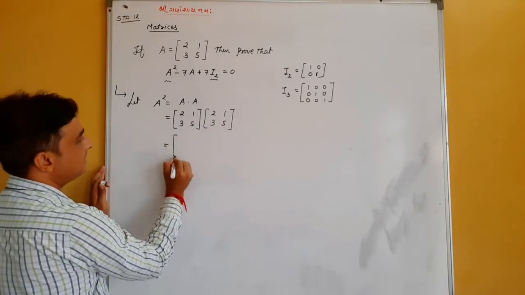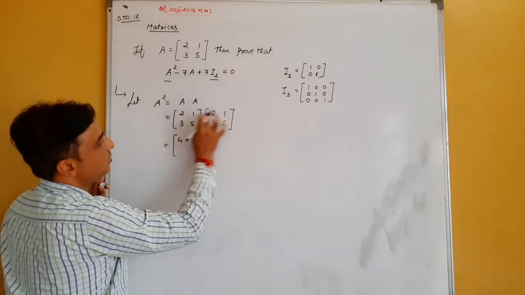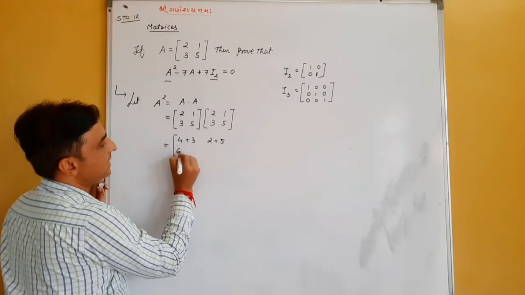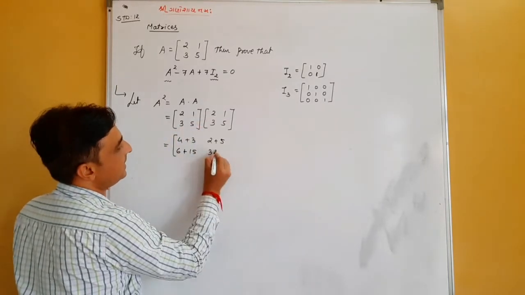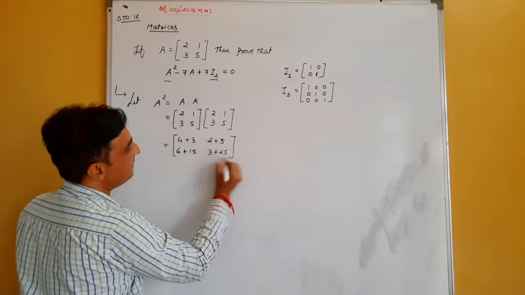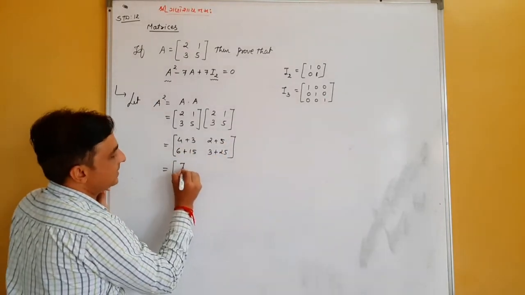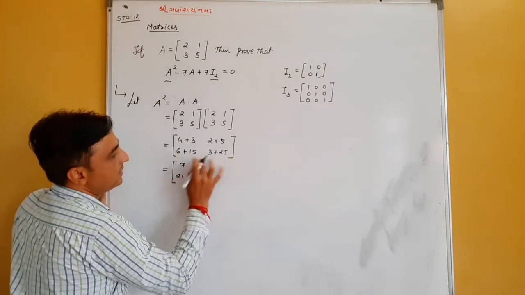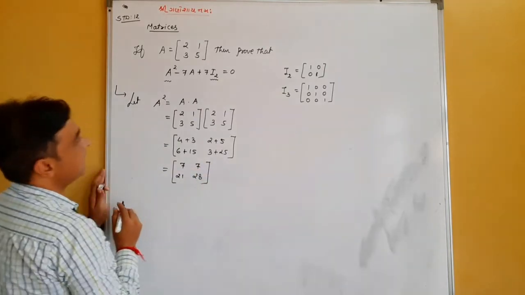Multiply that. 2 2s are 4, 3 1s are 3, 2 1s are 2, 5 1s are 5, 3 2s are 6, 5 3s are 15, 3 1s are 3 and 5 5s are 25. So 4 plus 3 is 7, 2 plus 5 is 7, 15 plus 6 is 21, 25 plus 3 is 28. This is A square.